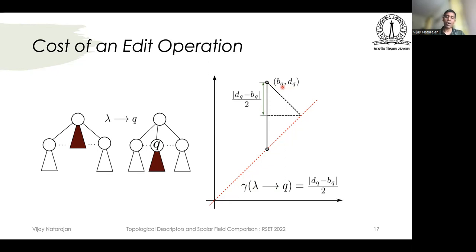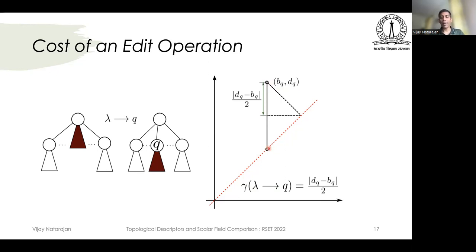Q refers to one of the endpoints of a topological feature. So you can think of it as a valley. There is a birth time associated with the valley and a death time associated with the valley during the sweep. Those birth and death times are used to represent this point on the plane.